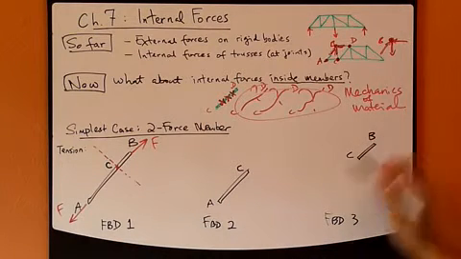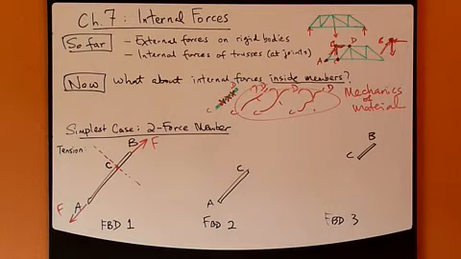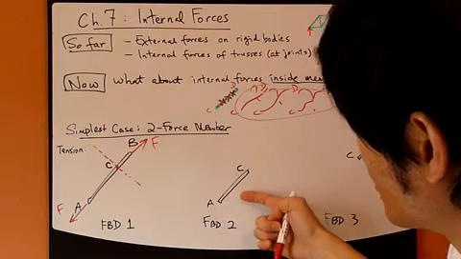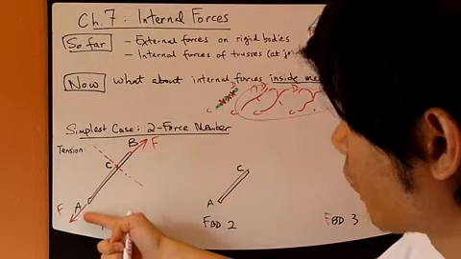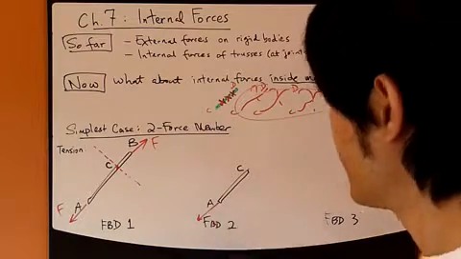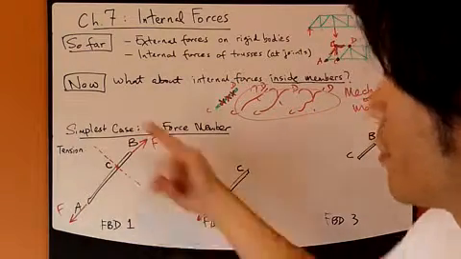All right. So let's look at this. Now this section AC has a force coming out of this A, from free body diagram number 1.